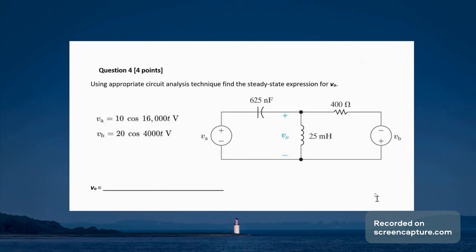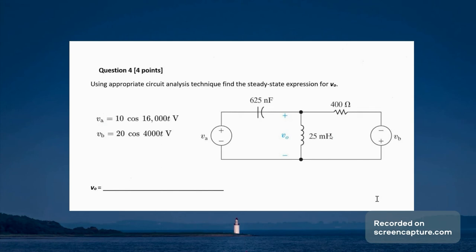So step 1 would be to turn off VB and just pretend it's not even in the circuit. That would mean that you have this voltage source, an inductor in parallel with a resistor, and this capacitor up here. Since these two elements are in parallel, what you would do is find the impedance of the inductor and then use your parallel combination to find the equivalent impedance.